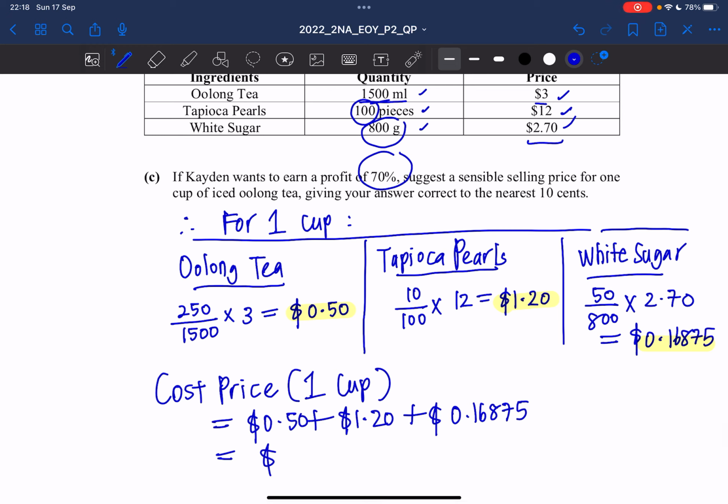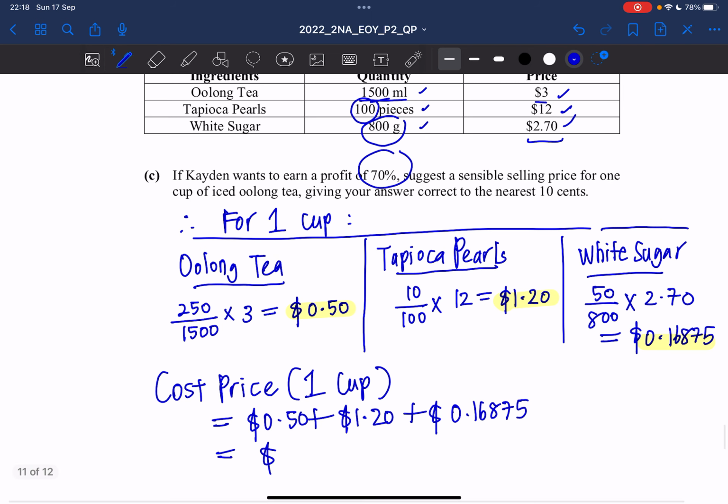So let's see how much it costs. It's 1.86875. So let's say this is the pricing for 1 cup.